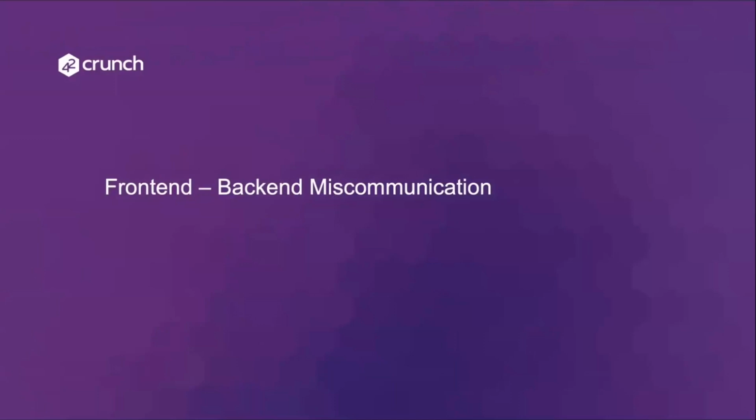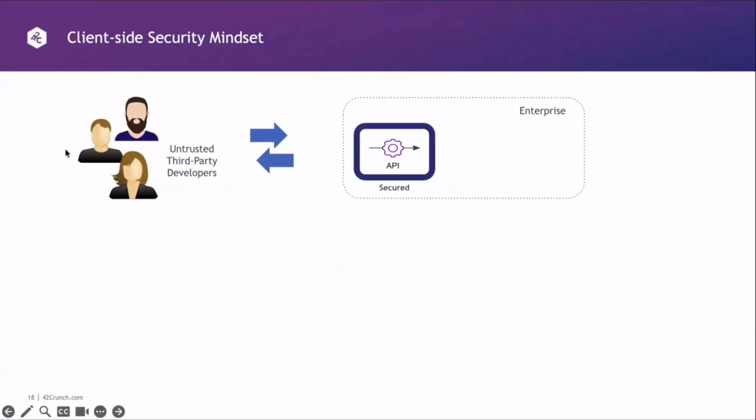Just a couple of other points, some of the trends that we saw from reviewing this data. One was this concept of a miscommunication between front-end and back-end teams. We refer to it as a client-side security mindset. The best way to describe it is to contrast it with an API security mindset. For example, if you're doing development, and open banking is a good example of this, your team is building APIs that are intended to be consumed directly by unknown third-party developers outside your company.